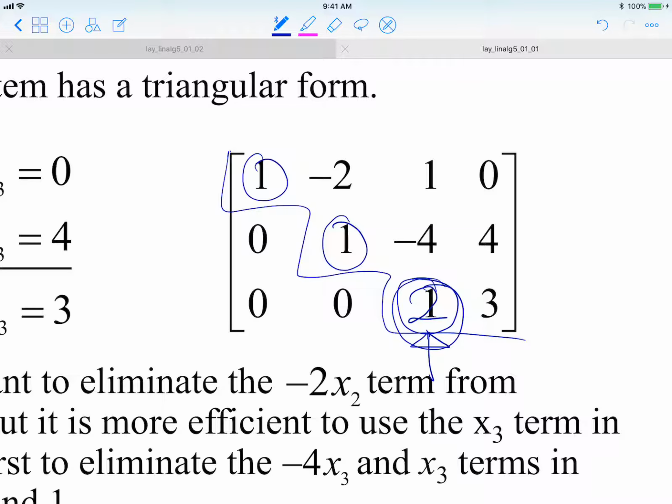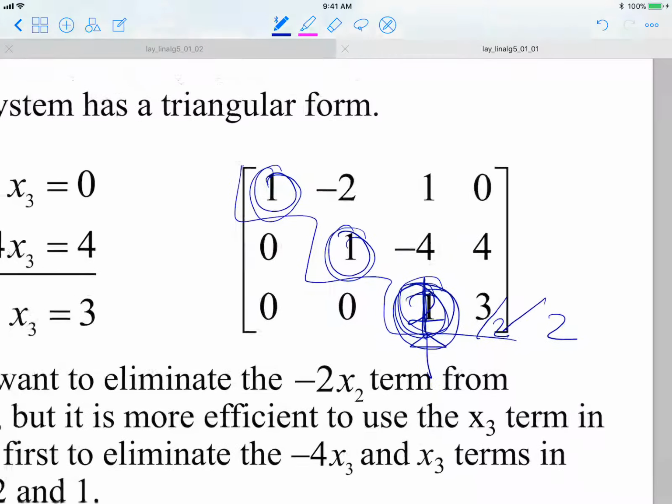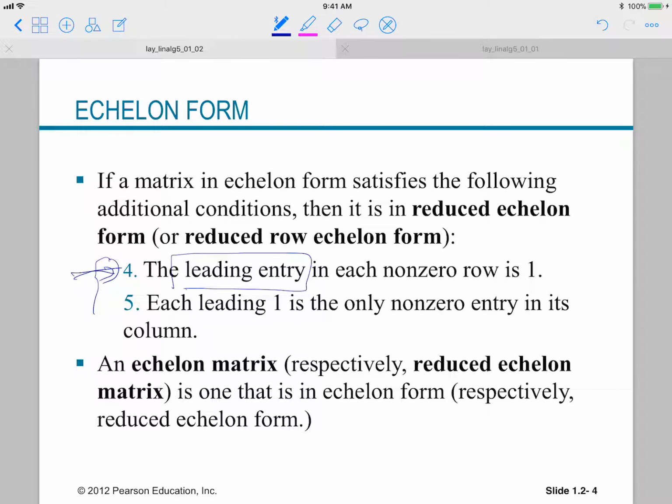Then we can simply do row scaling on this row to make this value 1 by dividing by 2. Then it becomes 1 and 3 over 2, right? Checking all these leading entries, they will all be 1. So it is really a trivial one. So yes, that was the fourth condition.